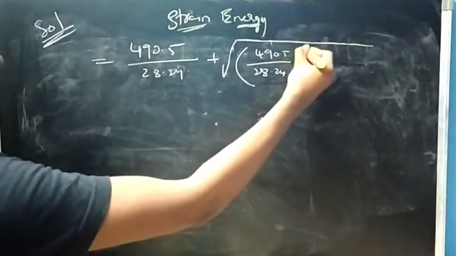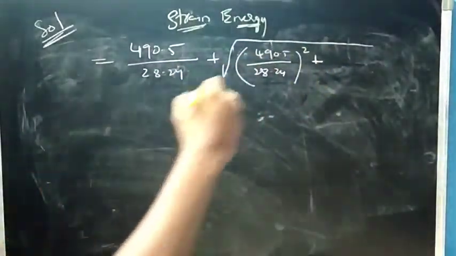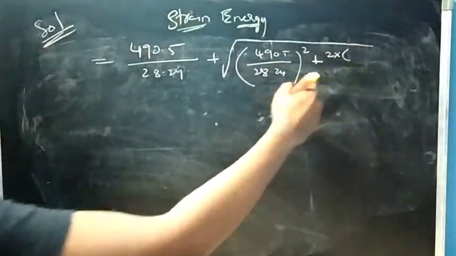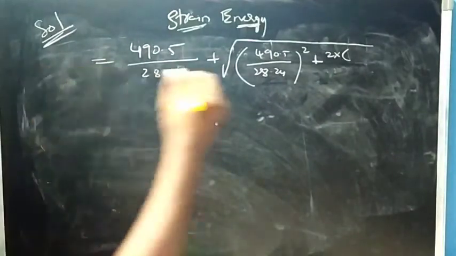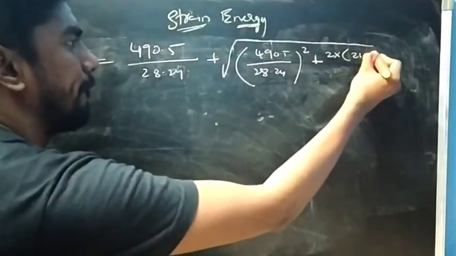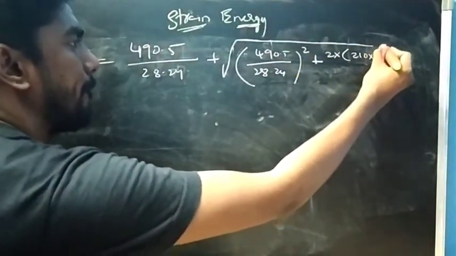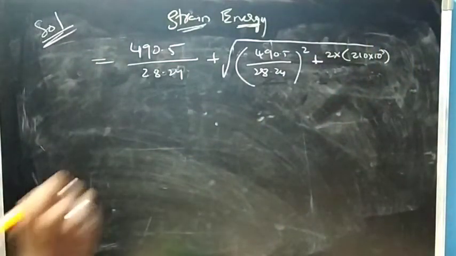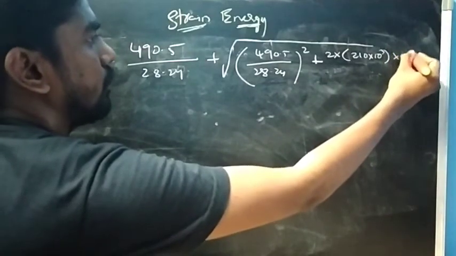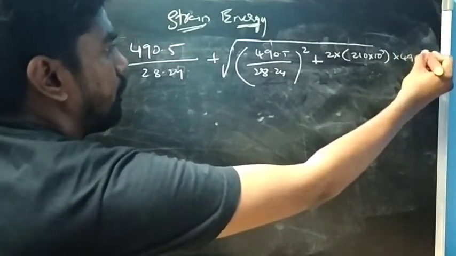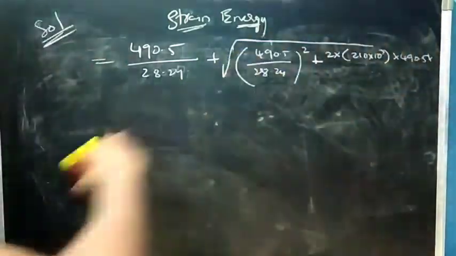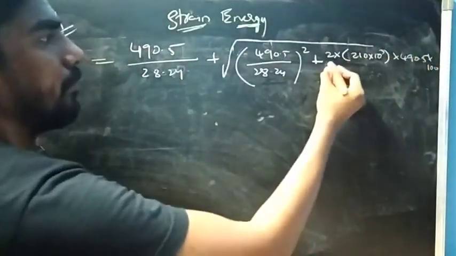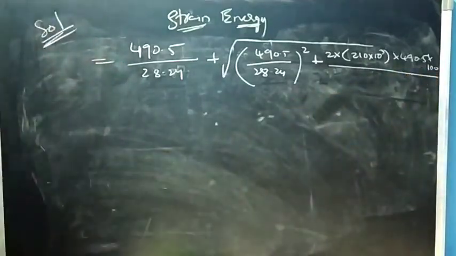plus 2 into 210 into 10 to the power of 3 into 490.5 into 100, right?